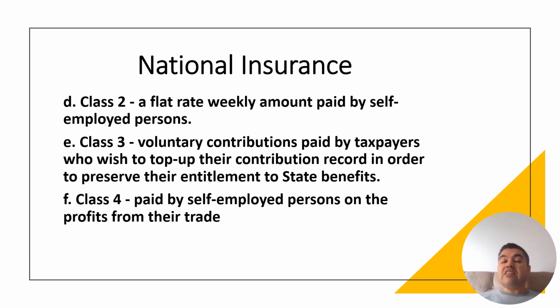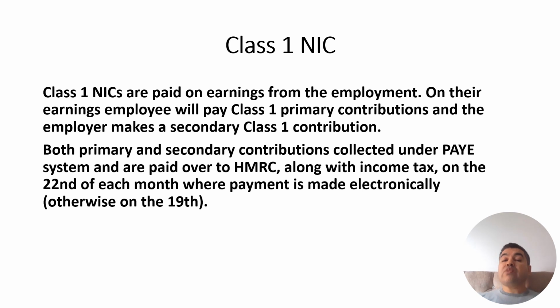Class 4 NIC is paid by self-employed individuals on the profit from their trade. There is a different rate for class 1 and a different rate for class 4. Class 1 NIC is paid on earning from employment.